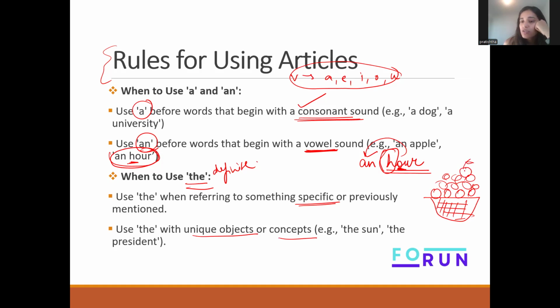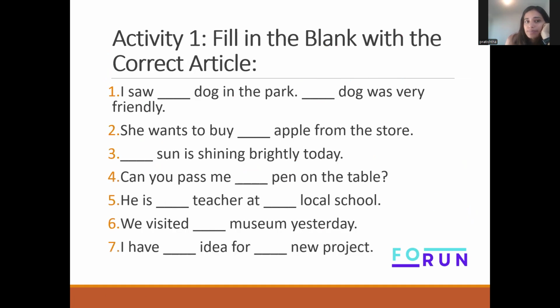This is "the" apple, because it's unique in the basket of oranges. The apple in the basket of oranges. Can you get me the apple that's there in the basket of oranges? That is particular. So this is how we differentiate between definite and indefinite articles and how to use them with objects.